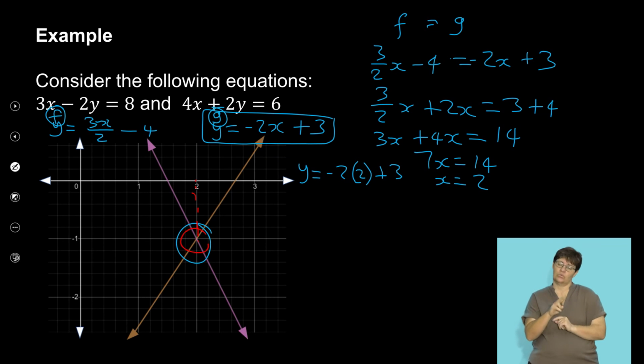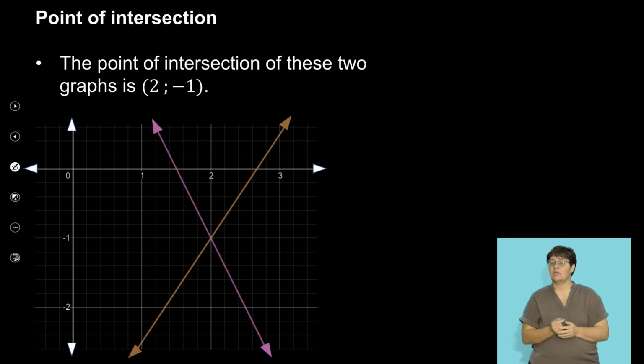So minus 2 times 2 is negative 4, plus 3 will be negative 1. So you can see negative 1 is there. So that's how you find this, right? So what do you do? Equate them and then solve simultaneously. So as I said, the point of intersection of these two graphs will be at 2 and minus 1, as I showed you in the working out.